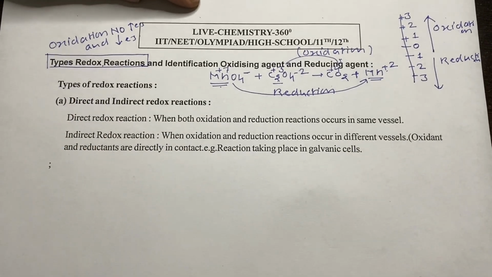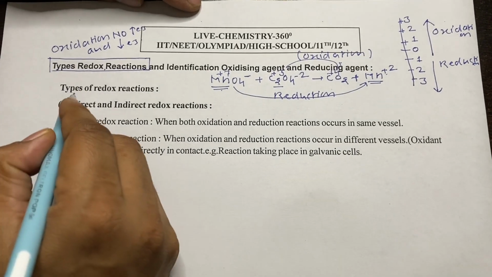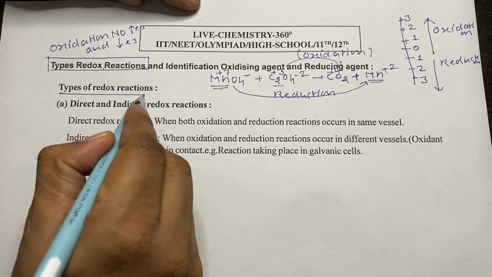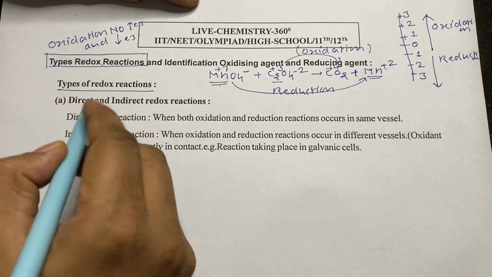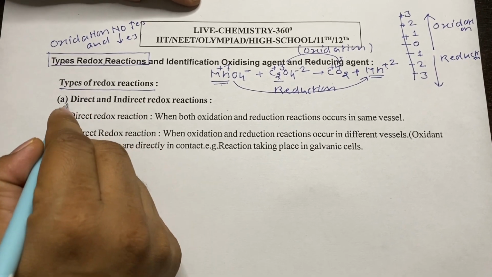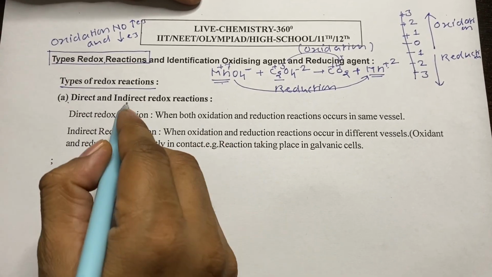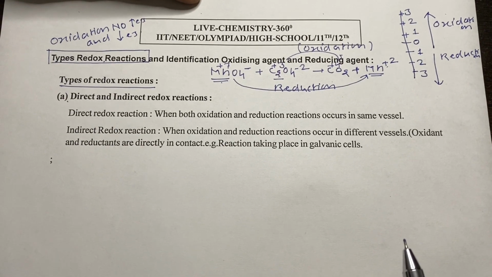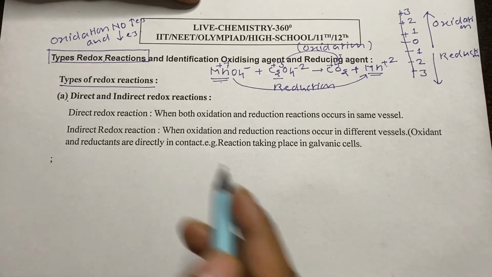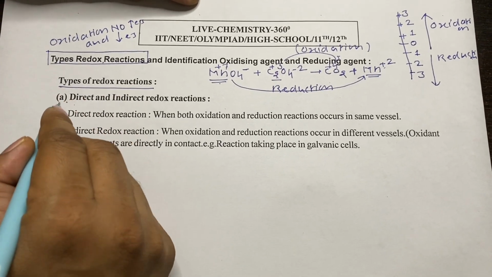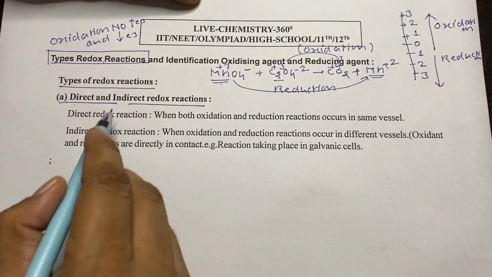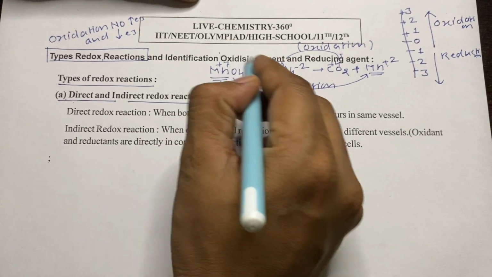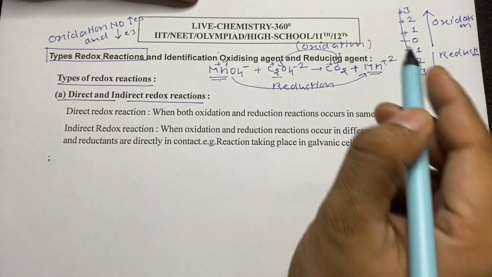it is a kind of redox reaction. Now, how can we classify the redox reaction? The redox reaction can be classified on the basis of whether the oxidant and reductant are in direct contact or not in contact. On this basis, a redox reaction may be a direct or indirect redox reaction. Before this, we should understand the meaning of oxidizing agent and reducing agent.